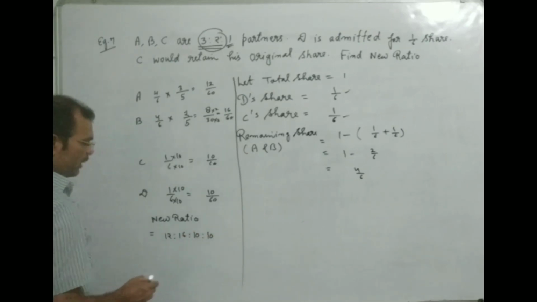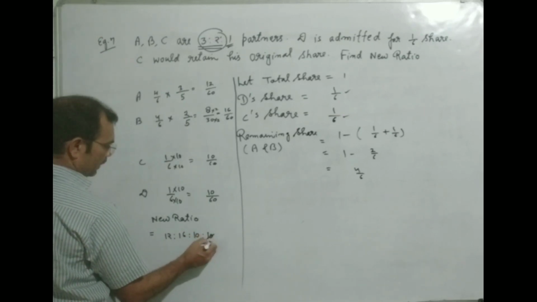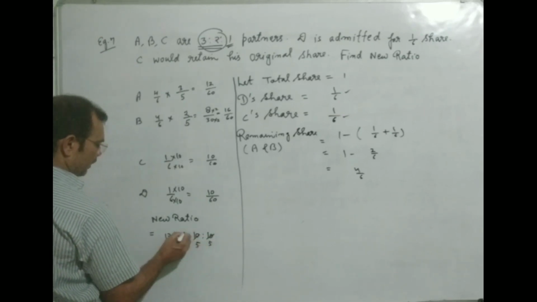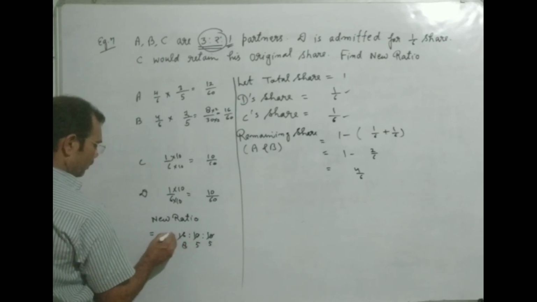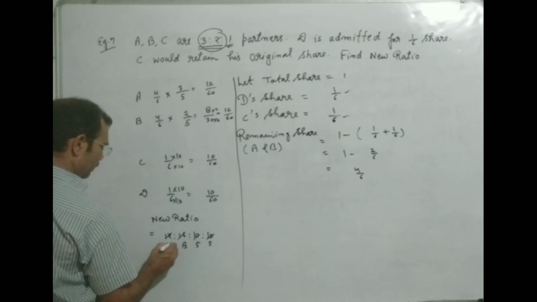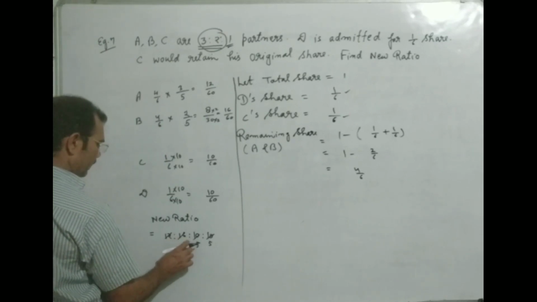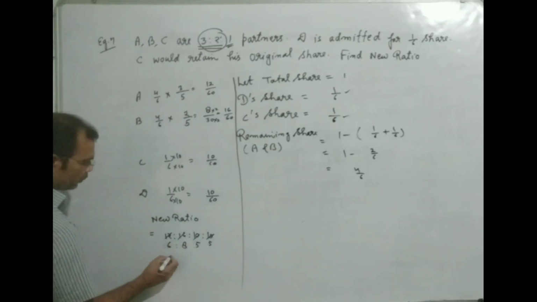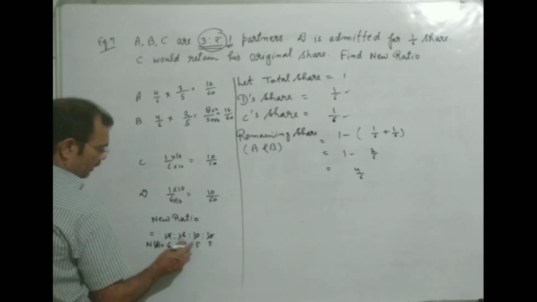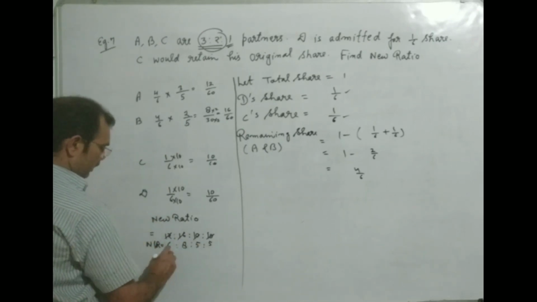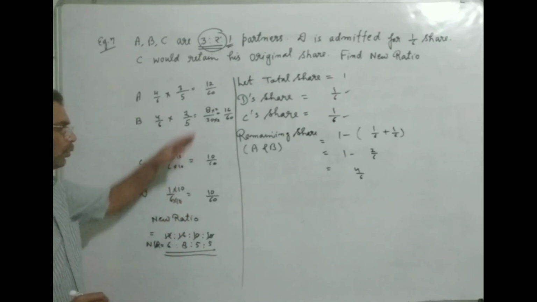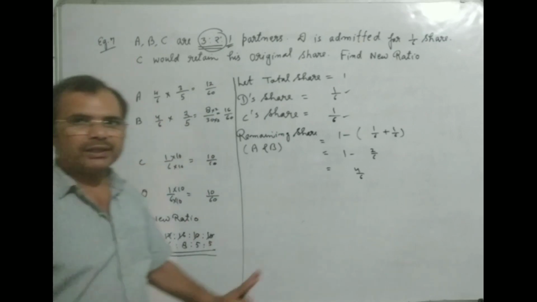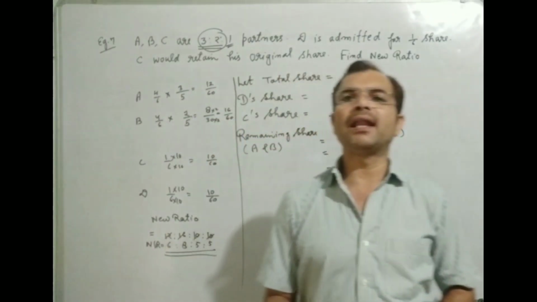Now we can cut it short. 2 fives are 10, 2 fives are 10, 2 eights are 16, 2 sixes are 12. In this way we will solve. Now the new ratio will be 6:8:5:5. This will be the new ratio. Students, I think you have understood this question very well.